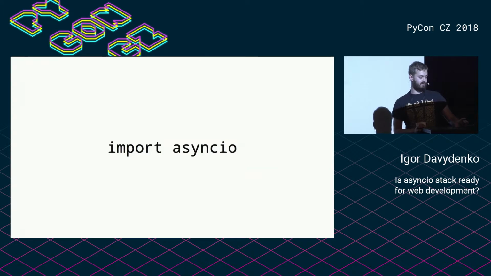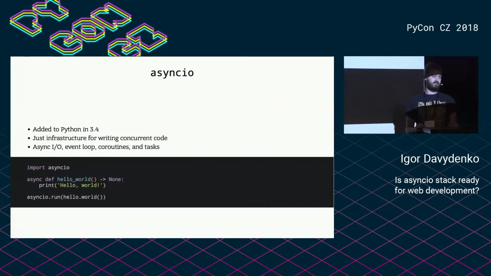Let's see what we have after importing asyncio, and honestly we don't have much. We just have infrastructure for writing concurrent code. We don't have anything that shines like Django or like Flask. Just after importing asyncio we're only able to run some concurrent code in an event loop, and that's it.